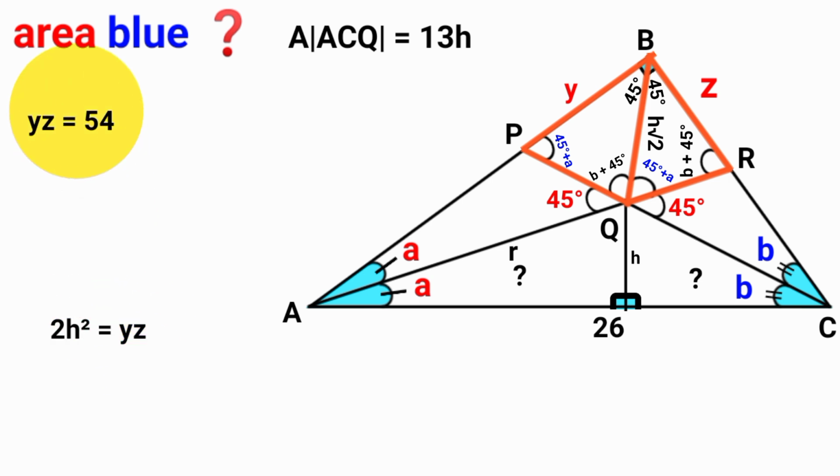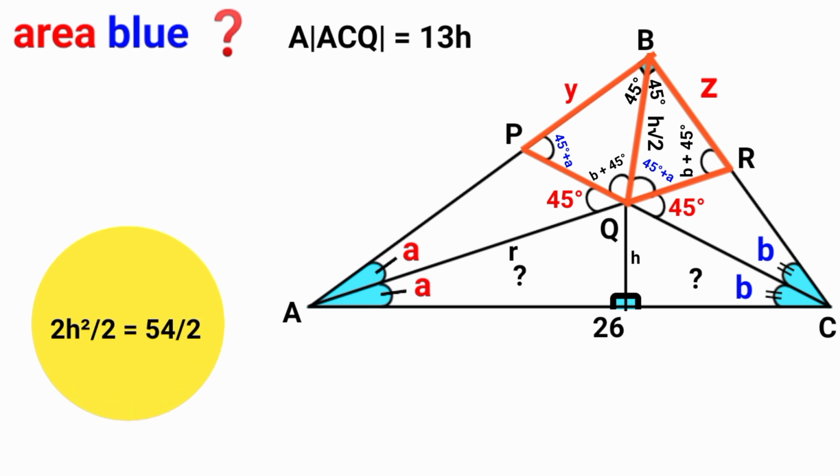We have here yz equals 54. Substitute it here. Now 2h squared equals 54. Divide both sides by 2. Here 2 cancels 2, while here 54 divided by 2 is 27. So h squared equals 27.